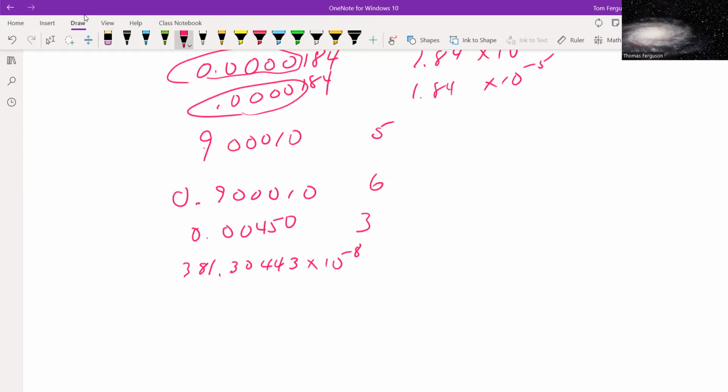Is that number from 1 to 9.9? No. So automatically it's not proper scientific notation. So your final answer after you round it to 3 sig figs is going to have to be in proper scientific notation. Now, I did not mark off if you didn't put it in proper scientific notation because I didn't tell you that. But normally, if you have a number with an exponent in it like that, always put it in proper scientific notation.